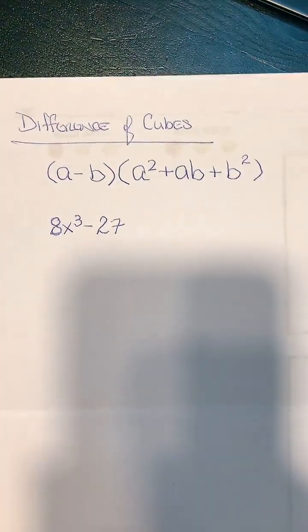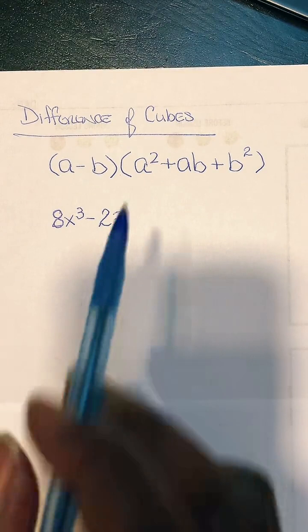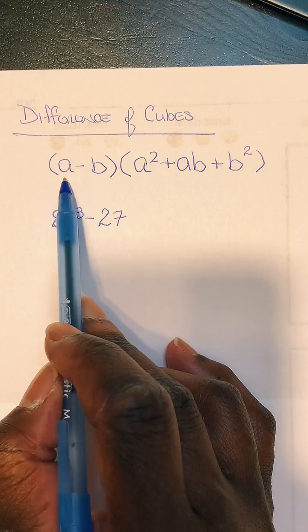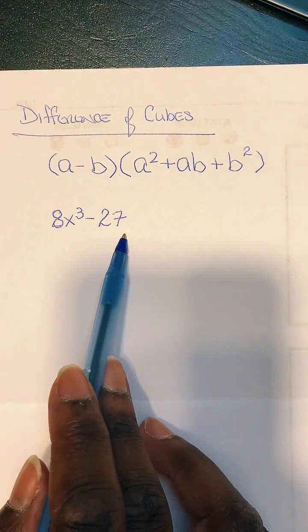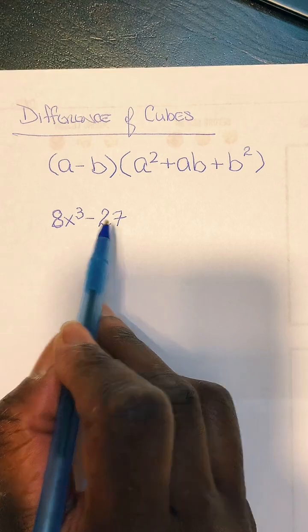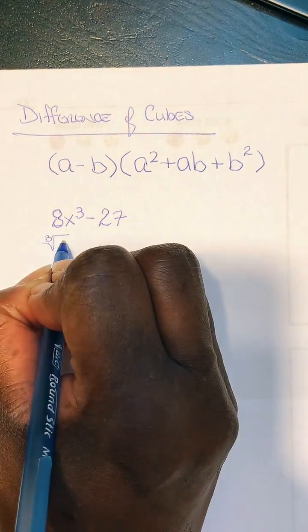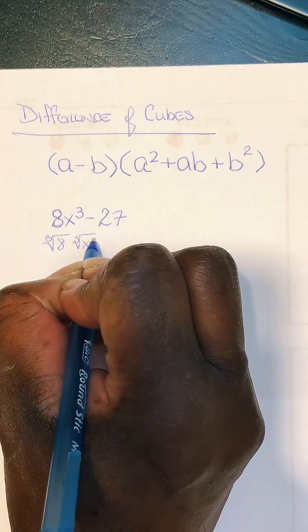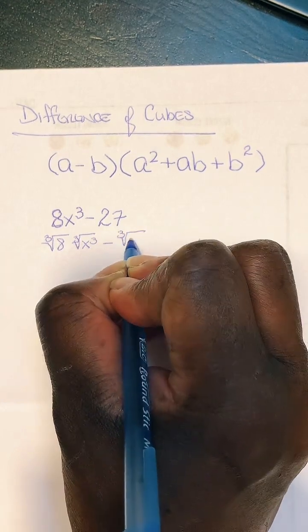In order for us to figure out what should go in that first parenthesis, we need to figure out what's going to represent our A and what's going to represent our B. So I need to take the cube root of everything up here: the cube root of 8, the cube root of x cubed, bring down the minus, and the cube root of 27.